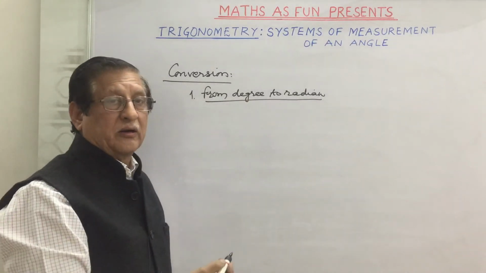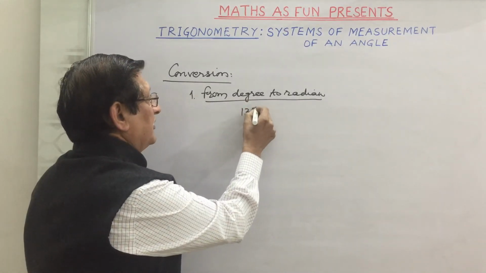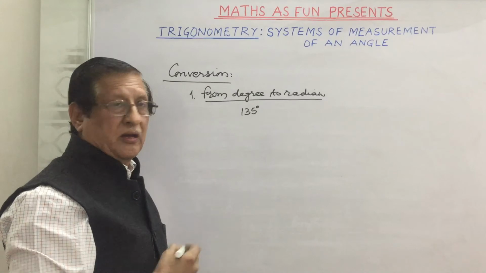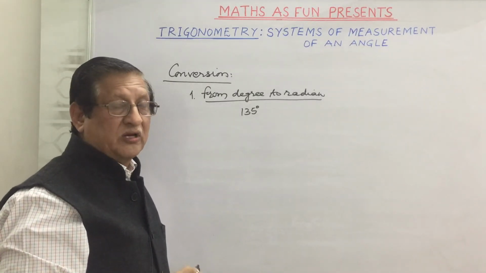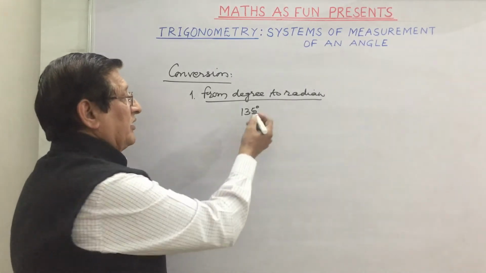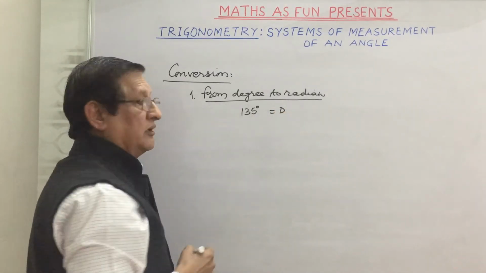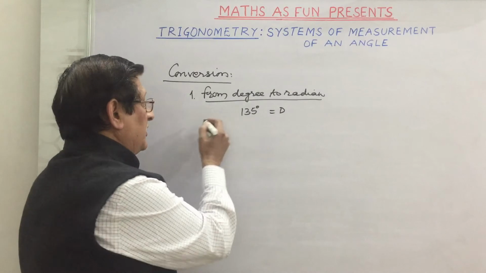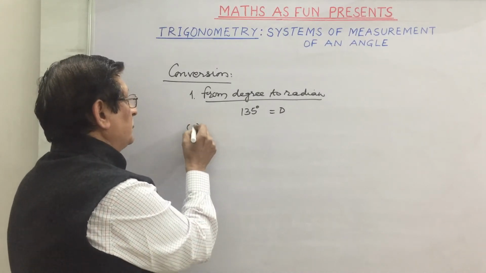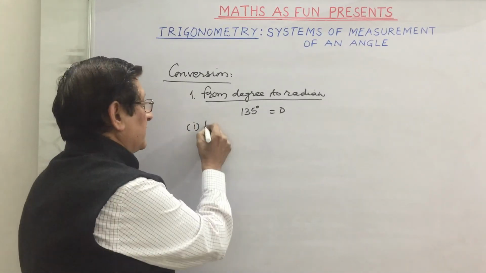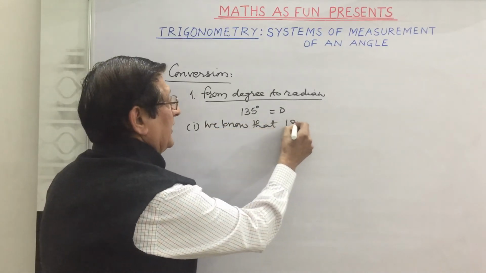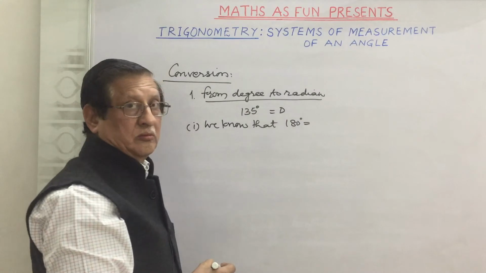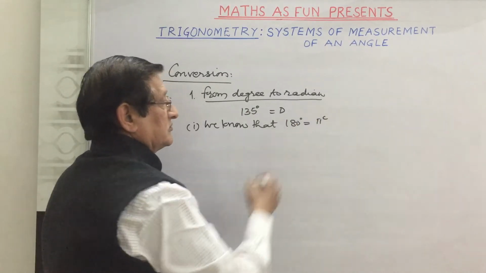Suppose we are given an angle of 135 degrees and we want to convert it into the radian system. We write this as d, degrees. We can use two methods. Method one: we know that 180 degrees is equal to pi radians.